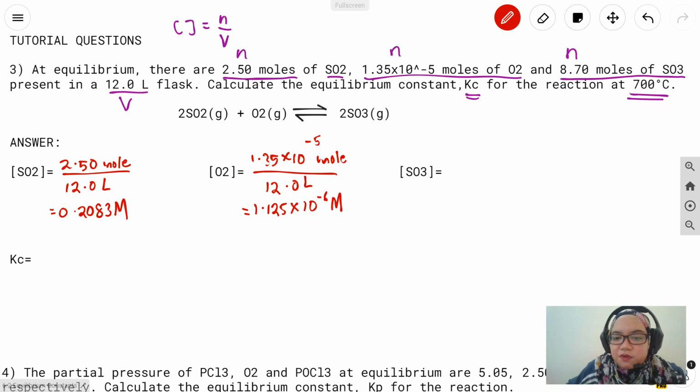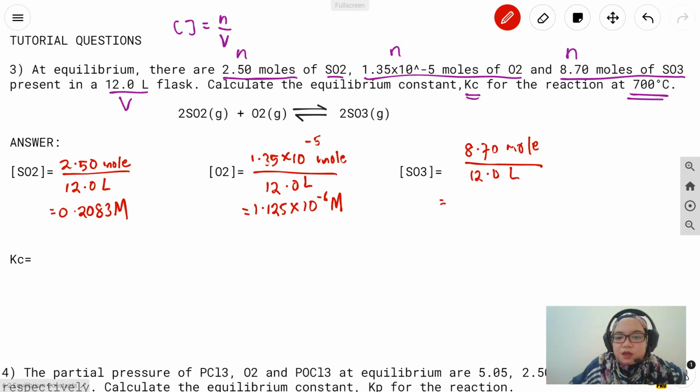And lastly, for SO3, 8.70 moles divided by 12.0 liters, so it will be equal to 0.725 molar. So now we have the concentration for all the components.